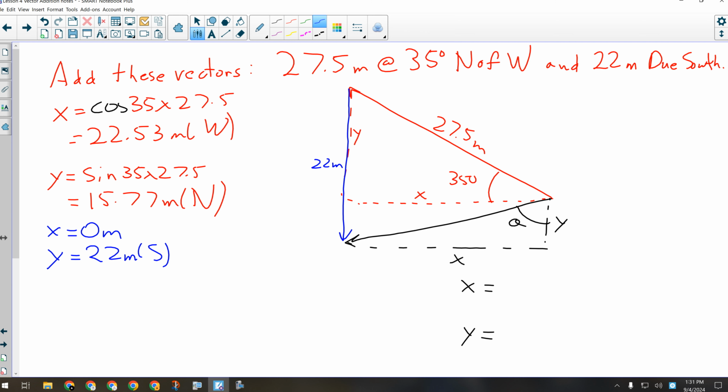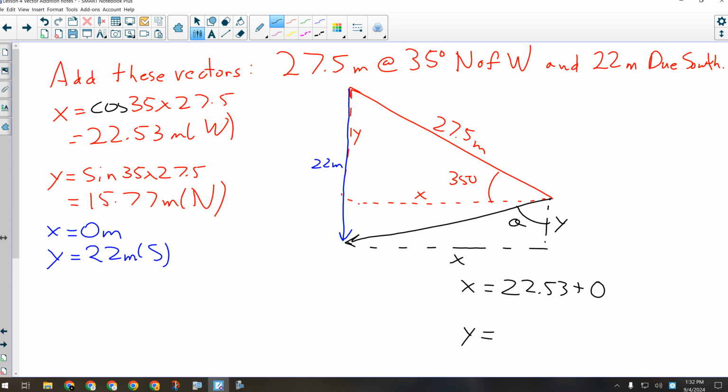Okay, so if I want to find black x and black y, finding black x is pretty easy. I only go west during the red vector. So however far west the red vector goes, that's how far west we went, ever. Okay, so I'm just going to take that 22.53 and write it right here. Then I'm going to go plus 0 because the other one was 0.